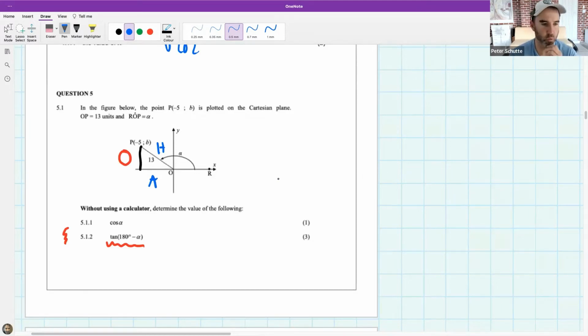Let's do it. What is the cos? So in this case, you'll notice that we have the angle alpha. And I want to know what is the cos of alpha from what's called the cast diagram. What is the cos of alpha going to be? And what is the tan of 180 minus alpha going to be? If you've got a question, pop your hand up. I'd love to hear your voice.